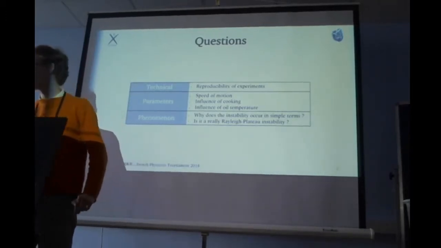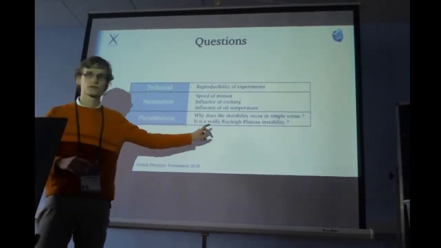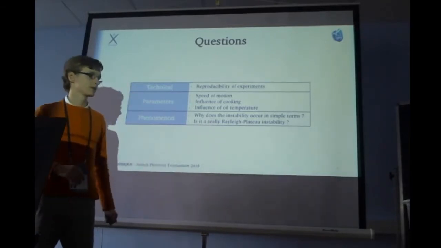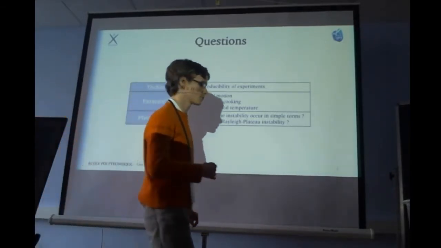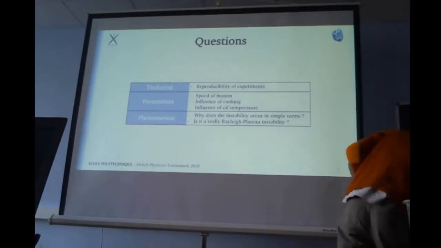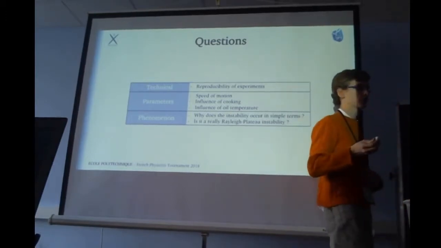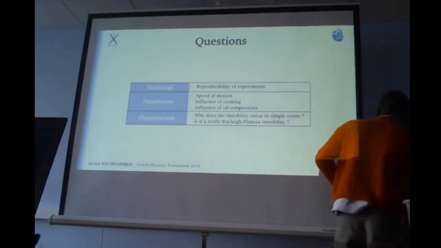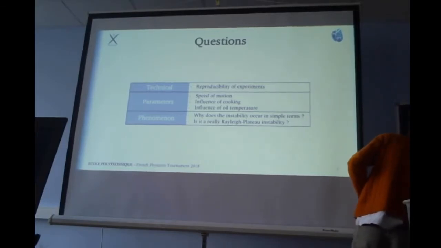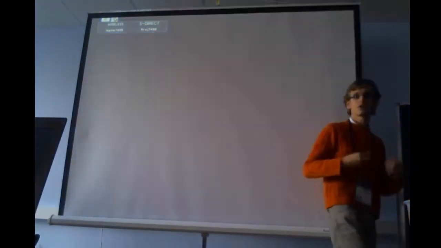So, if I may, sure. I'm going to start on this problem. If you look, for instance, at the Weber number of this problem, the Weber number is the speed squared times the length times the density over the surface tension.